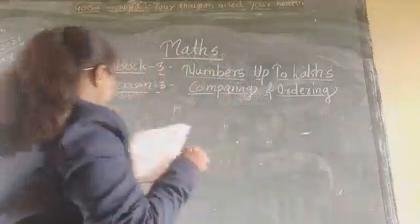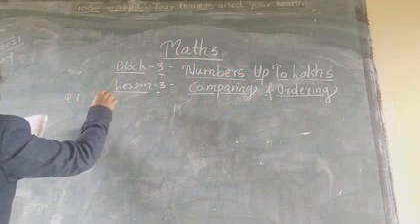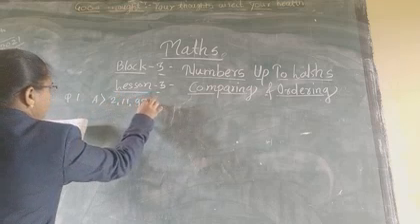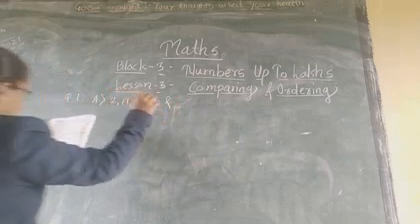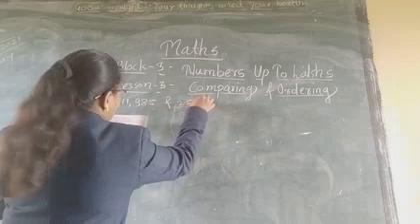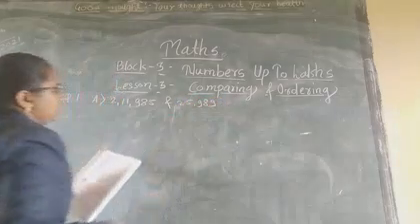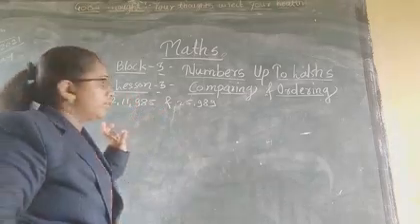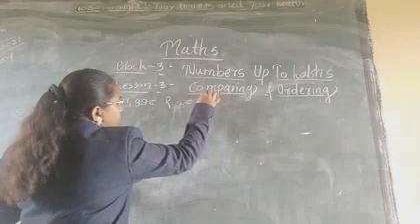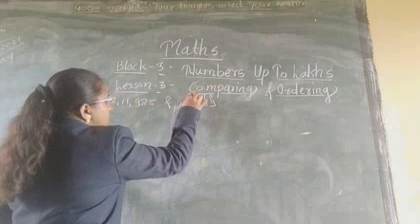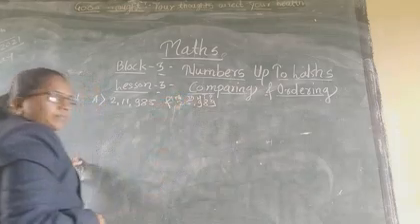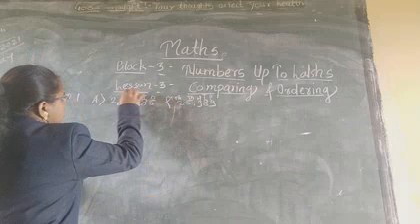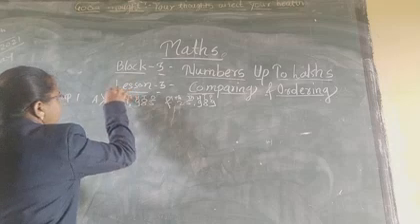Question A. The example is 2,11,985 and 25,989. Students, first of all look at the place values of these numbers. This one has ones, tens, hundreds, thousands and ten thousands place. In the other number there are ones, tens, hundreds, thousands, ten thousands and lakhs.